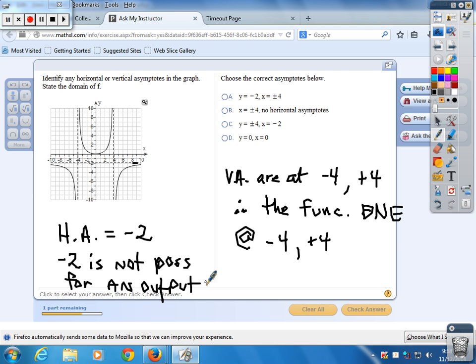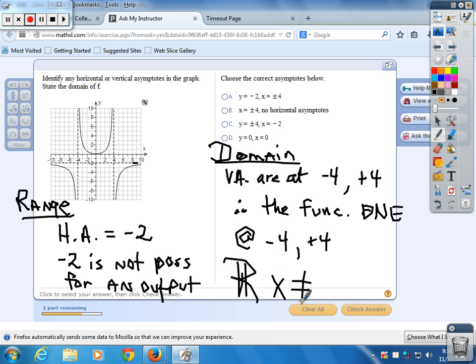So, this is having to do with your range, and this is having to do with your domain. So, what is your domain? All numbers except x cannot equal positive or negative 4.